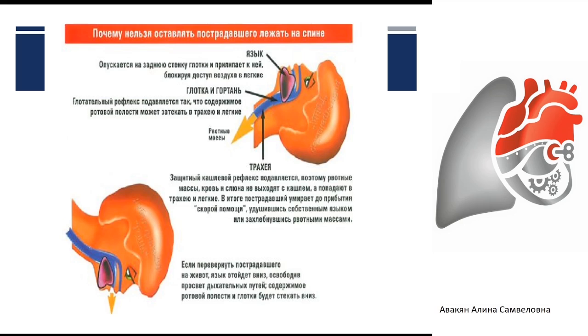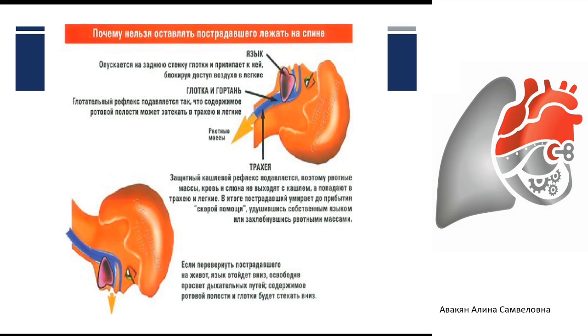Why you shouldn't leave the victim lying on their back. The tongue descends to the back of the pharynx and sticks to it, thereby blocking the access of air to the lungs. The swallowing reflex is suppressed, so the contents of the mouth can flow into the trachea and lungs.